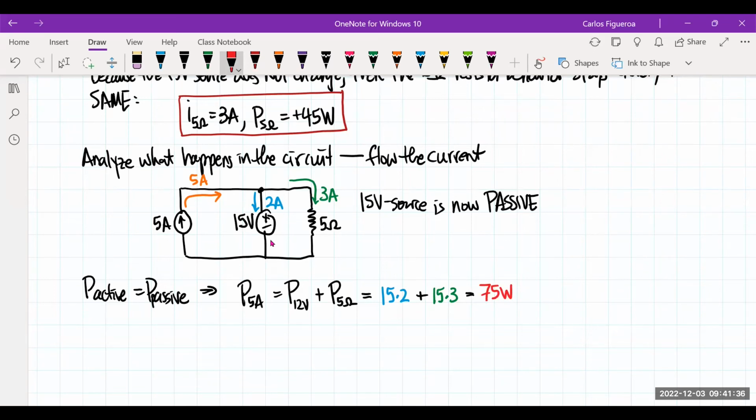Okay. So that means by increasing the current source value, the power produced earlier was 45 watts. Now it's increased to 75 watts.